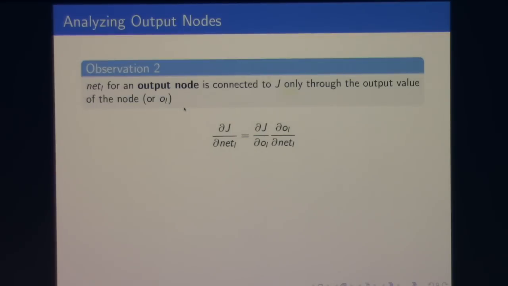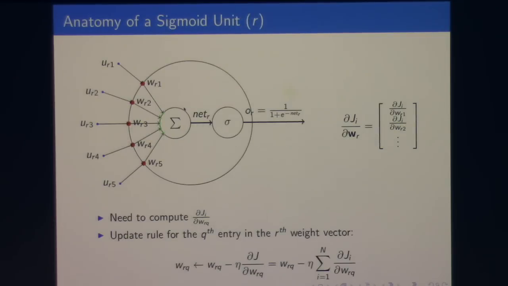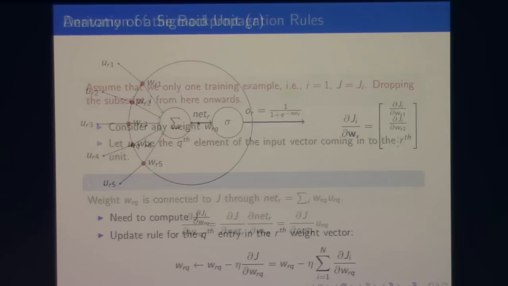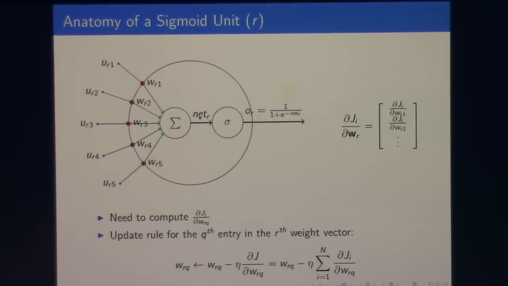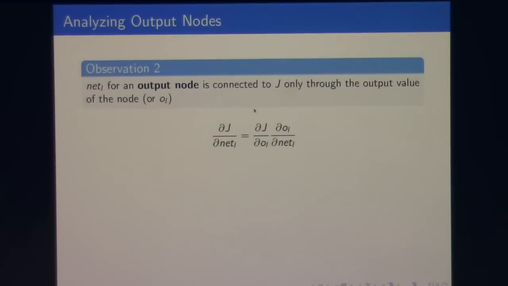If you remember, let's go back here, I'm sorry. Here, right? So this is net of R. We want to compute the derivative of J with respect to this. That is connected to J through O of R, right? That's the output. So that's a second observation.